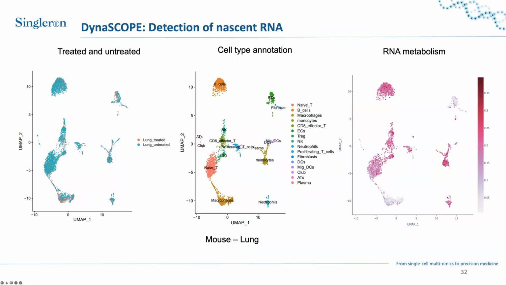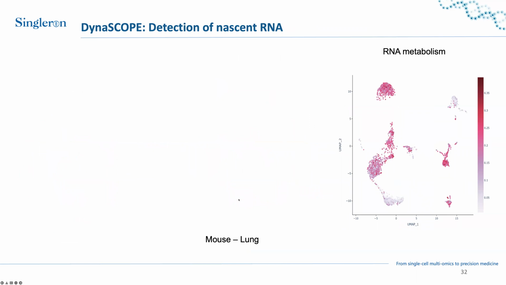So how does this DynaSCOPE data look in the end? Here again you see treated versus untreated with the cell type annotation, and here the cells are colored depending on the RNA metabolism.